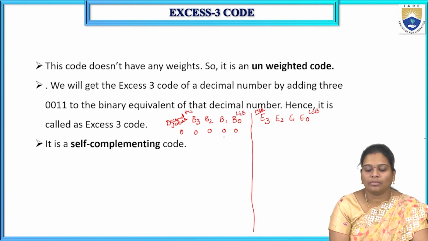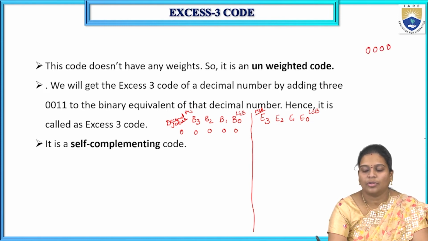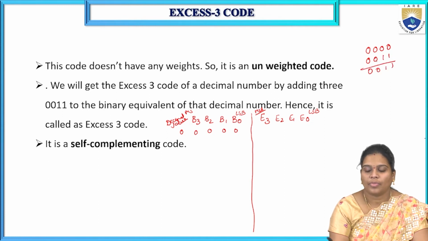So what are we doing? Adding 3: 0, 0, 0, 0 plus 0, 0, 1, 1 gives 0, 0, 1, 1. For the decimal value 0, the XS3 value is 0, 0, 1, 1, which means it does not depend on the position of the weight.